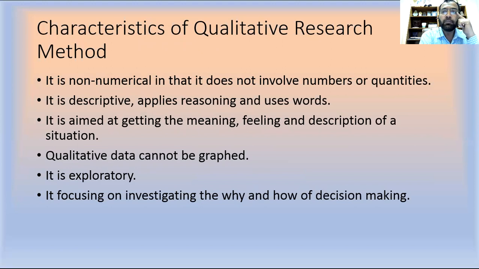So, what are the important characteristics of the qualitative research method? As we have discussed earlier, the first point is that it is non-numerical, in that it does not involve numbers or quantity. Here we are not interested in numerical data.